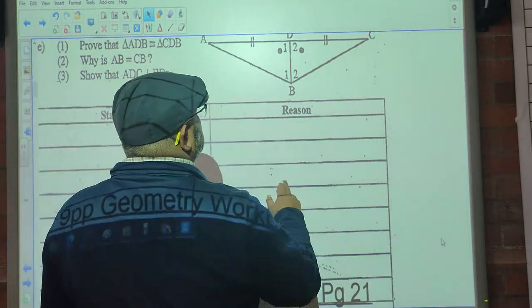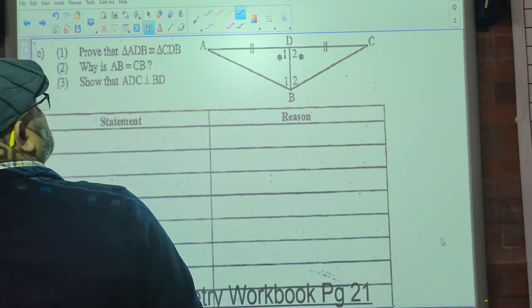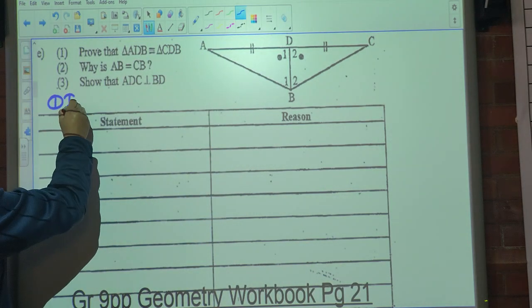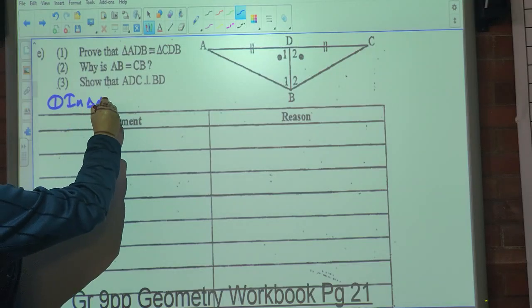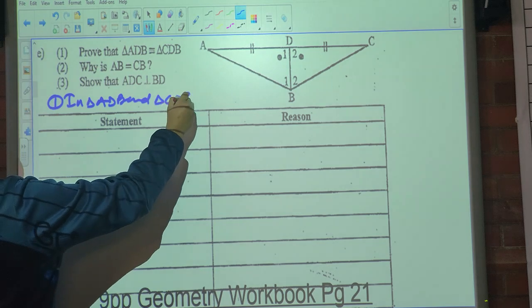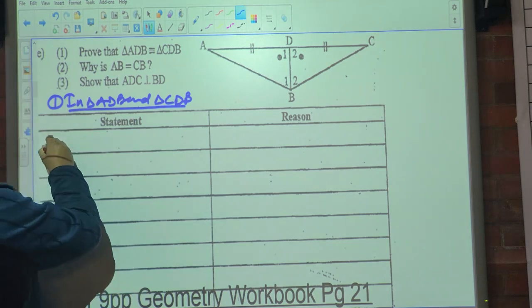Okay, E asks us to prove that those two triangles are congruent. So we start off by labeling the triangles we're working with. So in triangle ADB and triangle CDB. People, the order that is given initially is normally the right order. So what can we say?